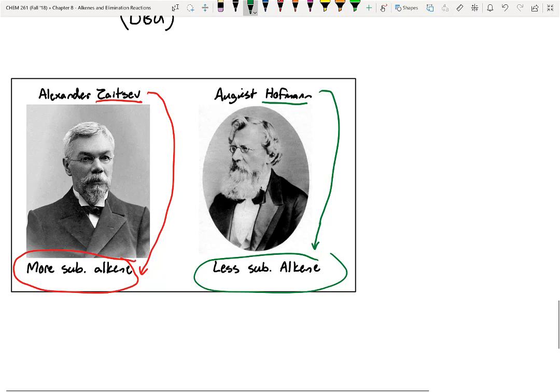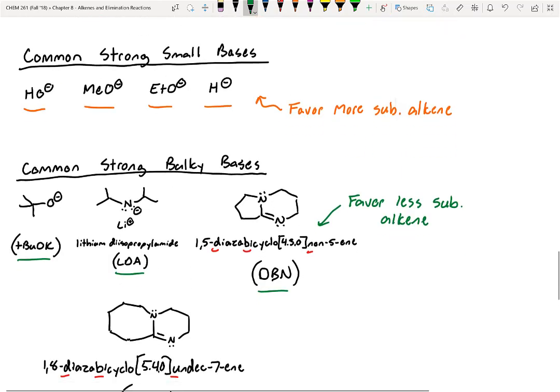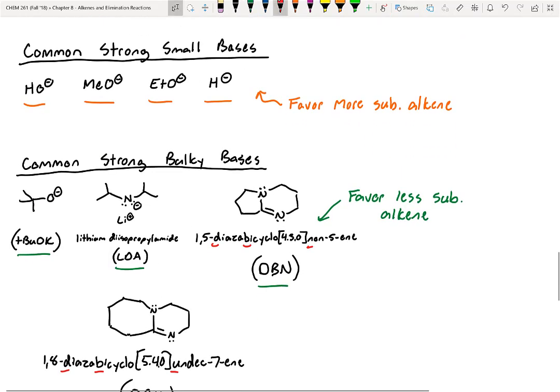So let's go ahead and fill in our notes up here. If you think about using a strong small base, we said we would get our more substituted alkene. That favors our Zaitsev product. In fact, we could just say Zaitsev product in quotes here. For the next one, we said that strong bulky bases favor our less substituted alkene.